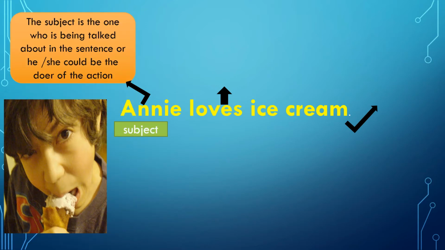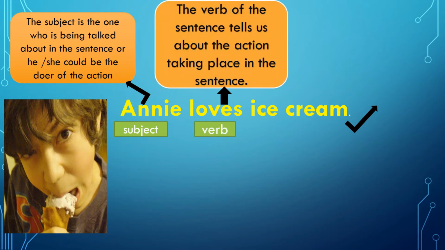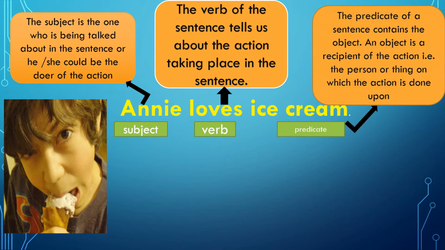Verb of the sentence tells us about the action taking place in the sentence. Predicate of the sentence contains the object. An object is the recipient of the action, that is, the person or the thing on which the action is done upon.